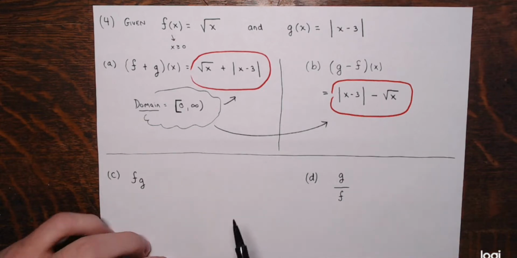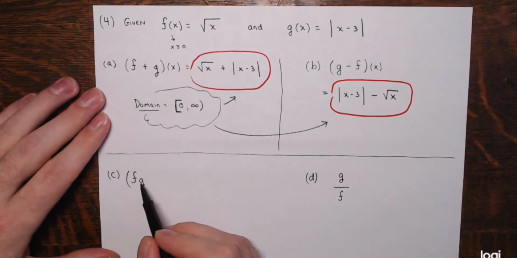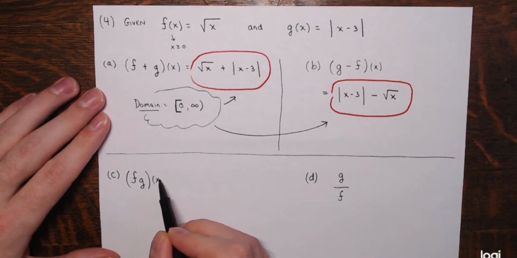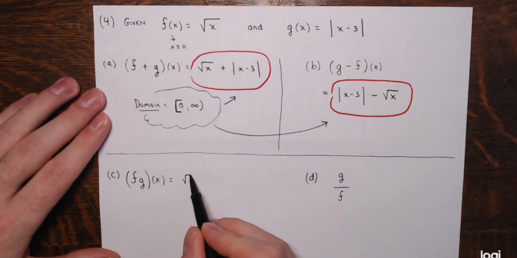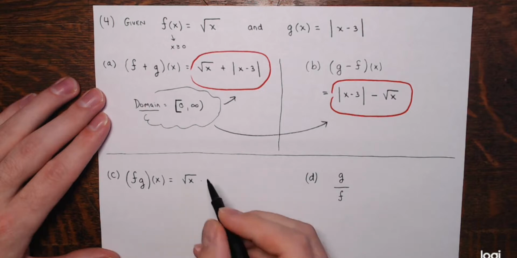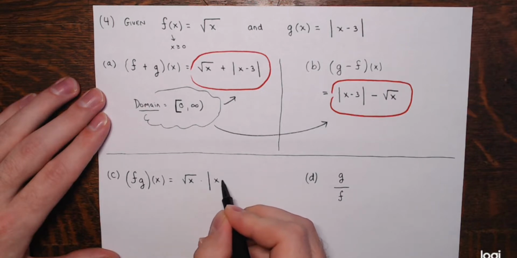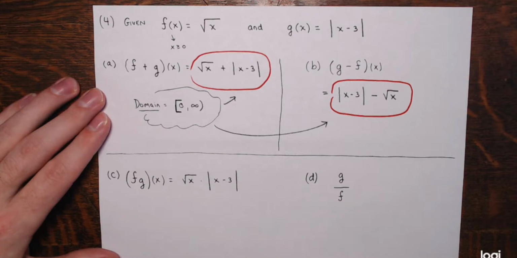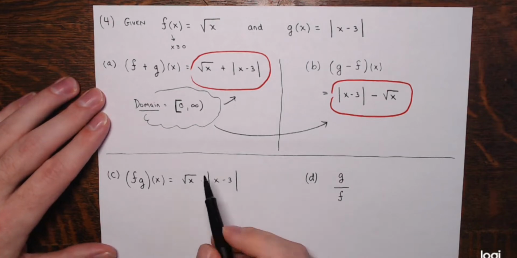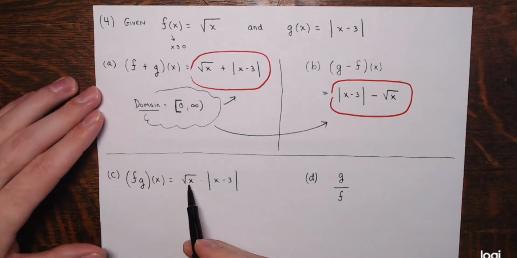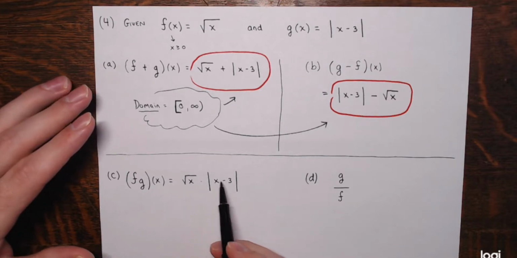All right, then part C, f times g of x. Again, it's just f, so the square root of x, times g, the absolute value of x minus 3. And that's it. And don't distribute the square root of x. I know the square root of x is a non-negative number, but let's just be safe.